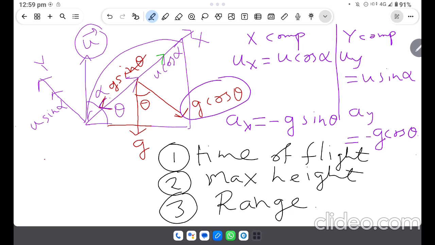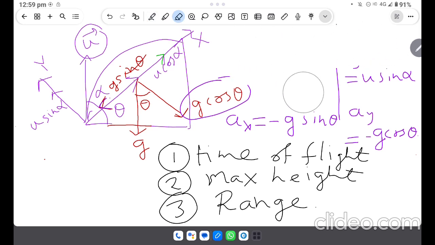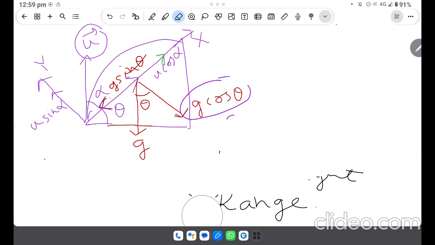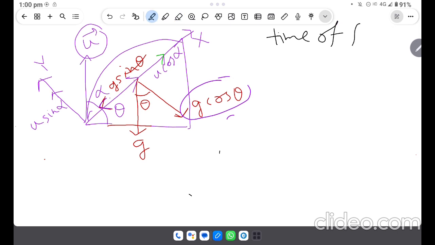Let's see one by one how we can do it. First we start with the time of flight. Time of flight means the amount of time required for the projectile to remain in the air, right?